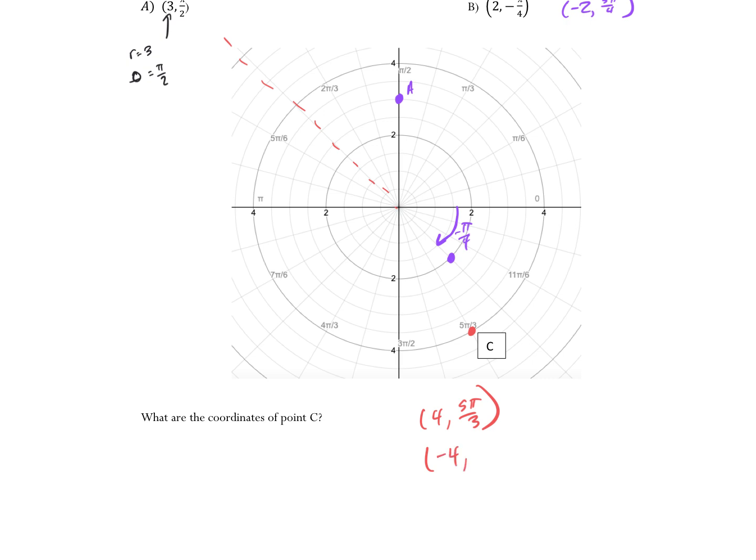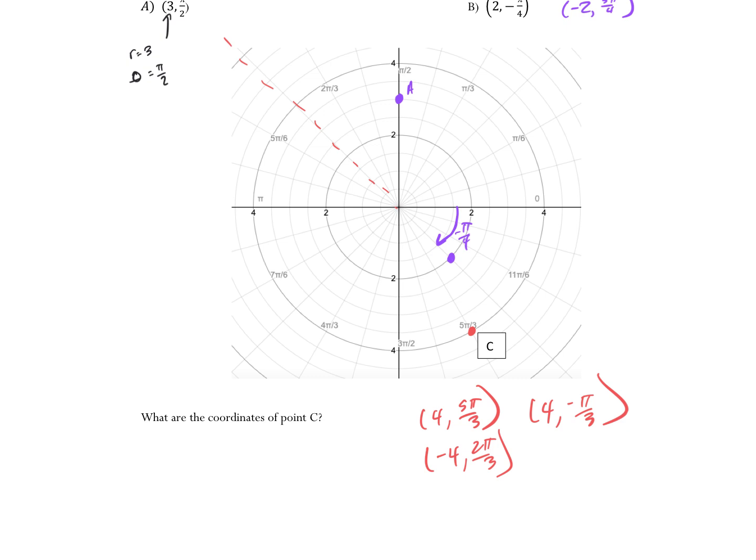(Negative 4, 2 pi over 3). (4, negative pi over 3). And there are times, depending on what you're doing, that relating to the space that something takes up makes more sense to use this way of describing where they are, especially in a three-dimensional world.